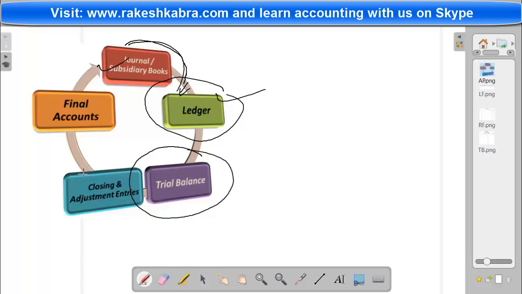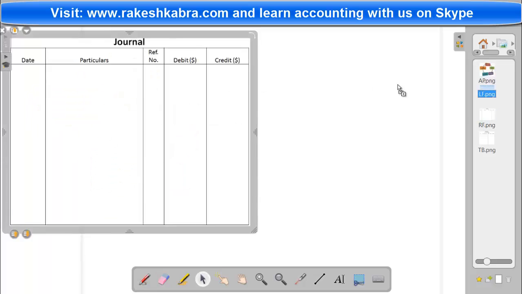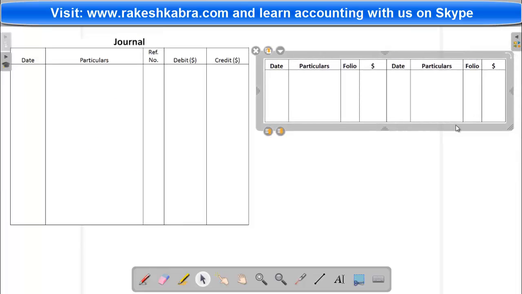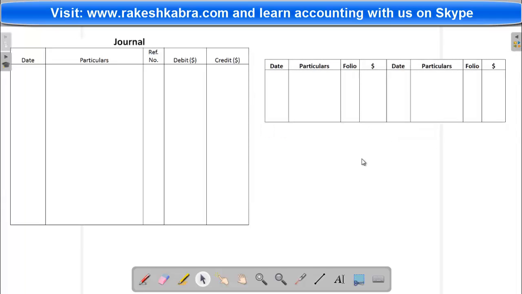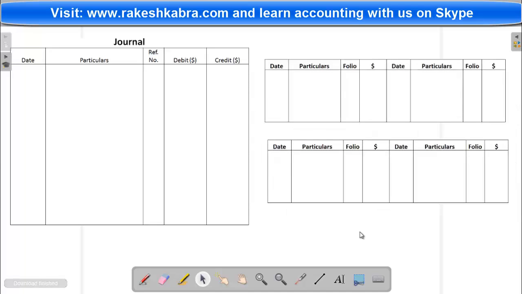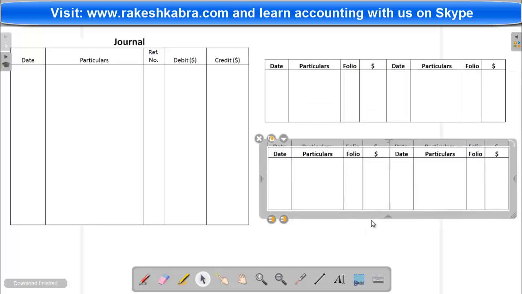So today I am going to revise again with the help of a few transactions. We will discuss the ledger again, and then I will explain the trial balance. This is the format of the ledger, and the format of one account in the ledger, and this is another account, and this is one more account.